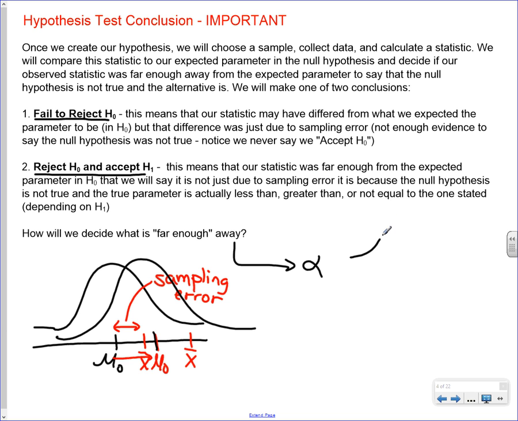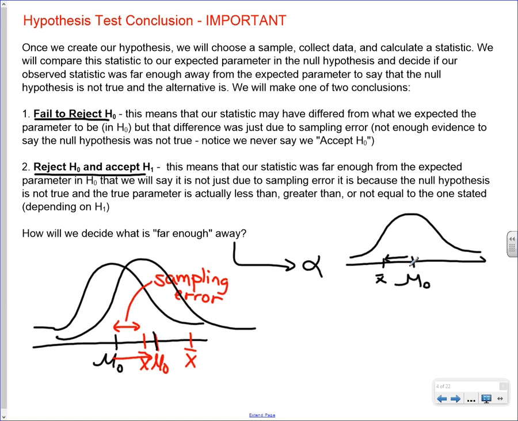Okay, so when we look on a chart here, if we're talking about mu, let's say, we would put the mu from the null hypothesis here. We're saying this is where we think the distribution is centered. Then we get a test statistic, okay, our x bar, and we're going to just see, how far away was this x bar from mu?